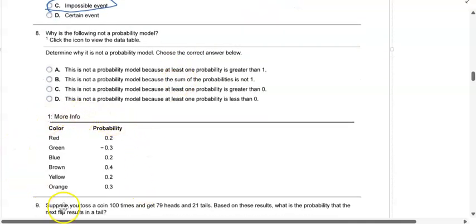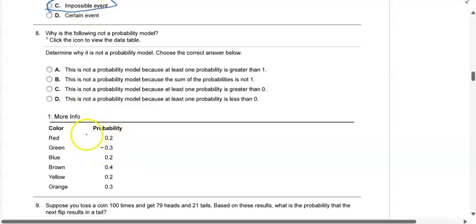And here's a table, and you have a color as an event and a probability for each event, and this is not a probability model, because now look at the probability of the green, which is negative 0.3.